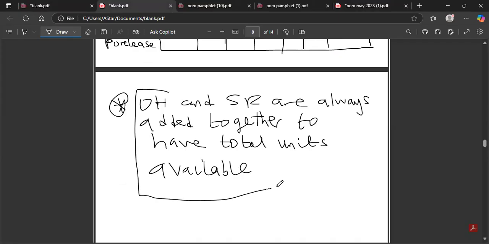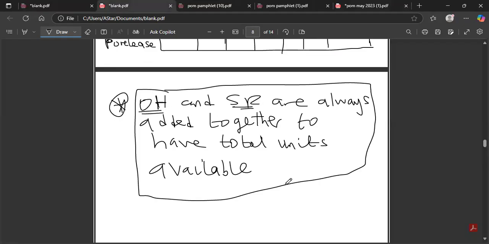So on hand and scheduled receipts are always added together to our what? Total units what? Available. Okay, so that's what we have. Is that okay with you?